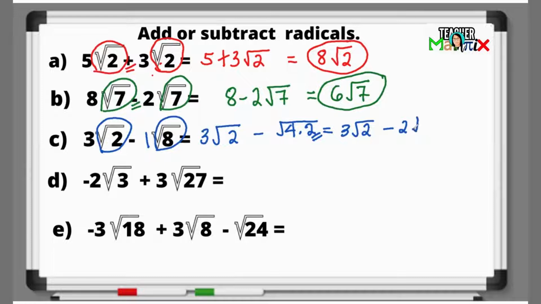Now we have the same radicand. Since they are common, just simply copy the radicand, which is square root of 2, and then subtract 3 and 2. So that is 1, or just simply write square root of 2. This is now your final answer.